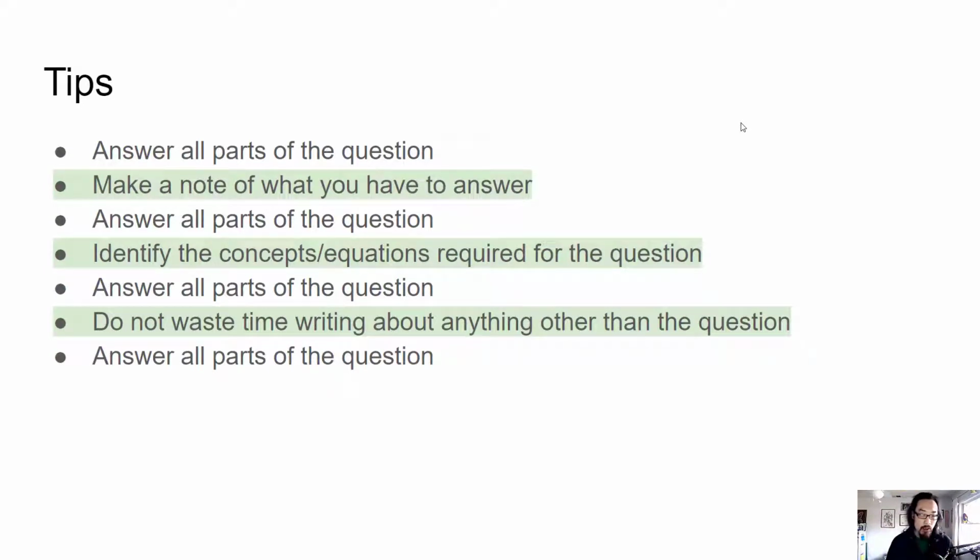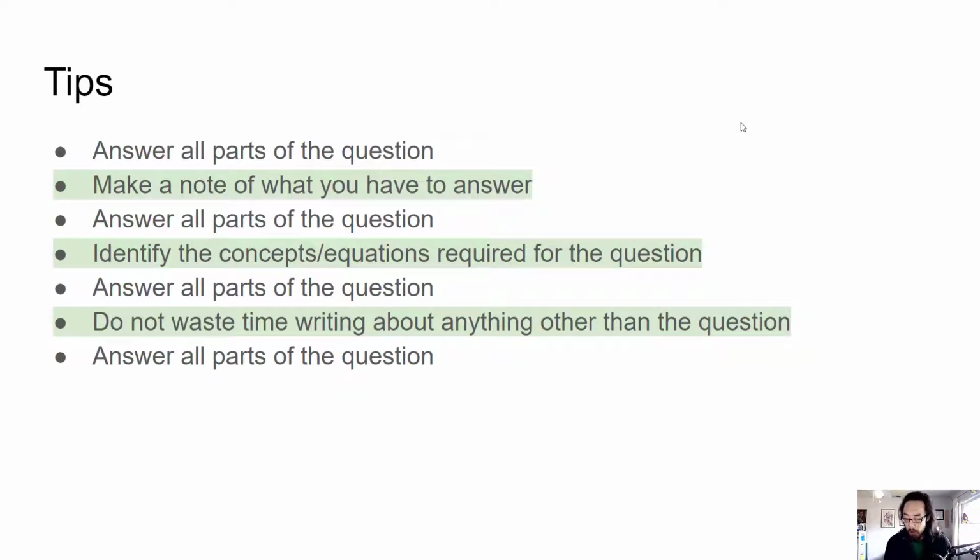One of the most important things is do not waste time writing about anything other than the question. One of the things I learned as a reader is that a lot of the time students get into a really nasty habit of writing, and for whatever reason they just keep on writing. They don't stop, and that actually comes to hurt them in the end.